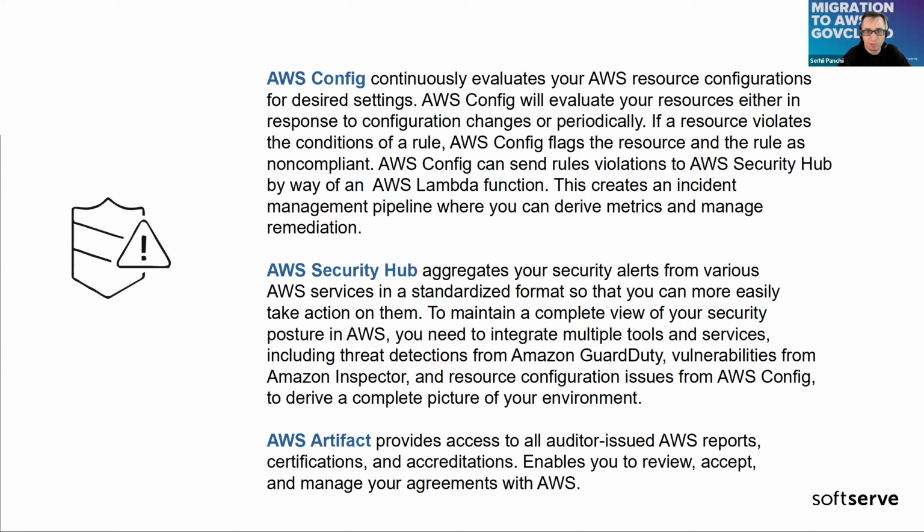AWS Security Hub aggregates security alerts from various AWS services. And finally, AWS Artifact is a great place for auditors to get AWS reports and, based on them, audit the entire infrastructure to be compliant.